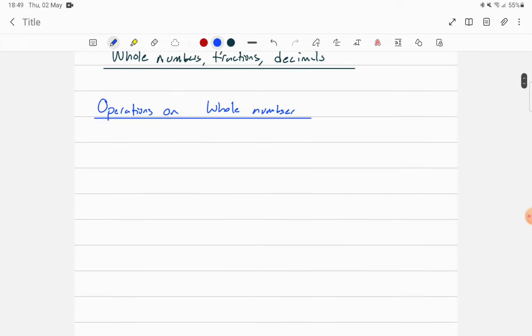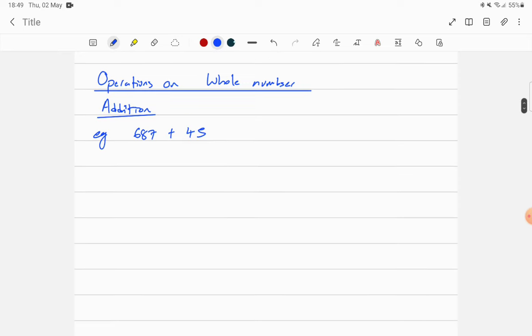So firstly, let's start off with our addition. Let's look at an example for addition here. For example, if you were given a part of a question where 687 plus 45, essentially you would have to put these in columns and break them up according to your hundreds, tens, and units.